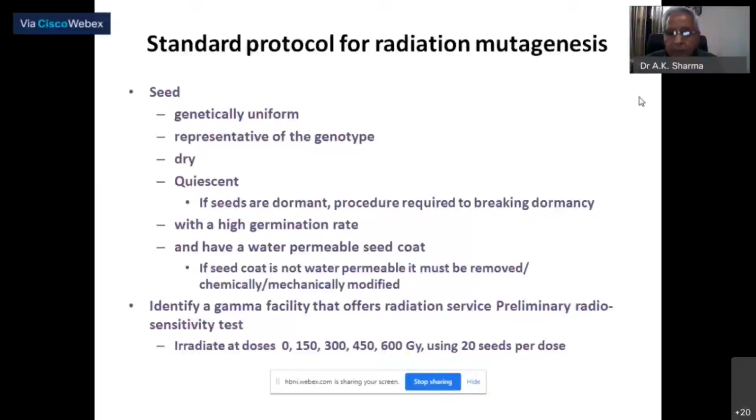How many of them out of 20 are germinating? It will give you some idea of the lethal dose. You will have a survival curve charted out, and then the range in which you should work. The ideal range is that you should get some 50% lethality, but the remaining 50% which germinate will show you differences in characters, and that's a good experiment to start with.